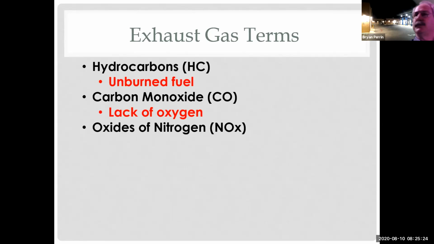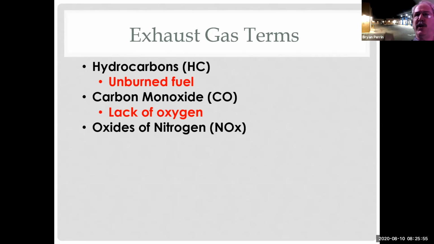Oxides of nitrogen. What's a good way of describing it? No clue. Okay, well, let's look at some of the things that can cause NOx. If I run lean, it'll cause NOx because the engine runs hotter. If I advance my timing, it'll cause NOx because my engine will run warmer.